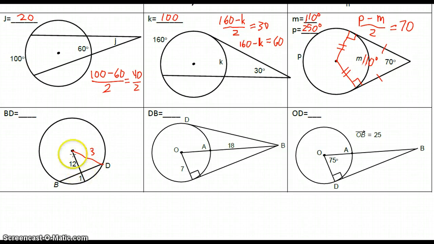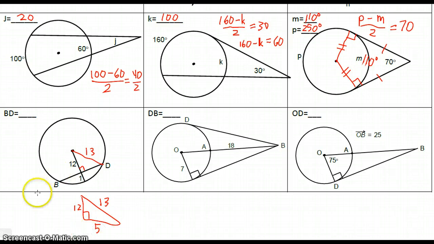And I think we're supposed to believe this is perpendicular. This problem is impossible if they don't tell you that that's true, so I'm just going to go ahead and assume it. So now we have a right triangle, and I know the hypotenuse, and I know one of the legs. I can use the Pythagorean theorem really quickly.